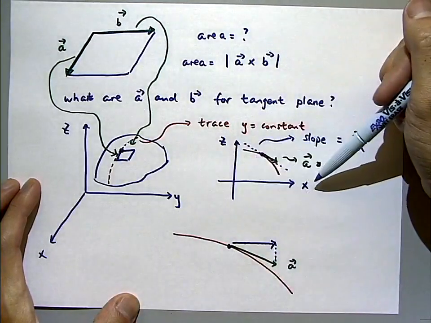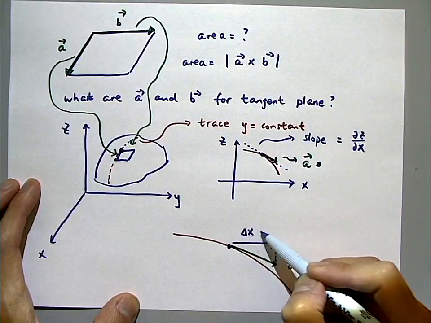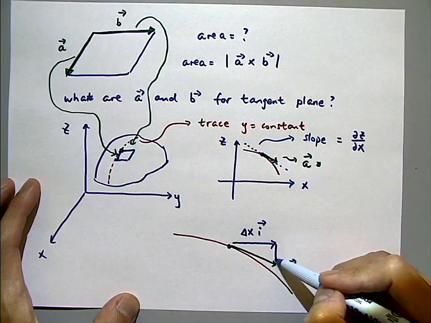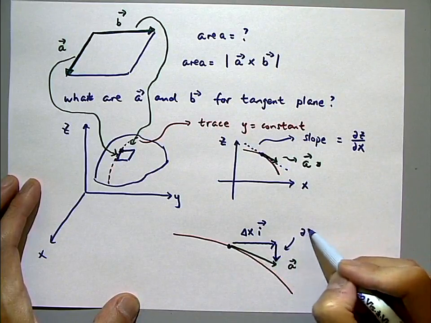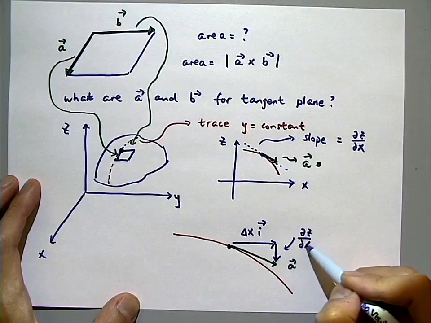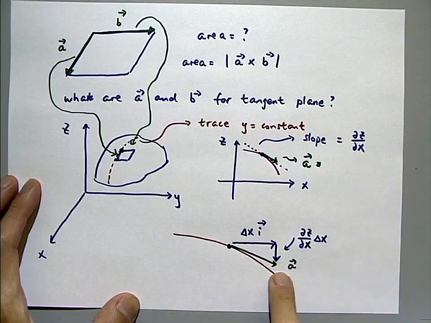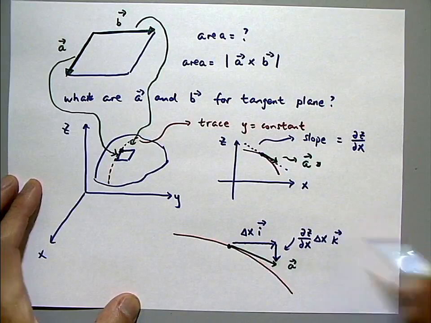It's a vector going in the x direction. That's delta x i. And then the vector going down or up, doesn't matter. And that vector is partial of z with respect to x times delta x. And it's going in the z direction, up and down, so it's in the k direction.